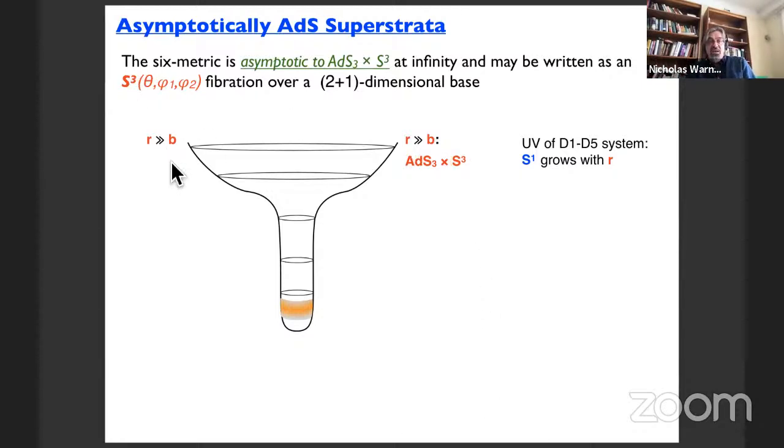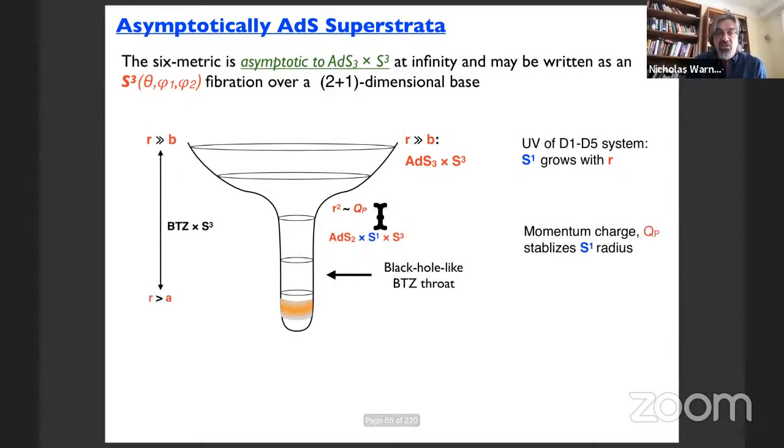It's this fiber. And the really interesting stuff is in the 2+1 dimensions. And there is a scale, B. And if R is very much bigger than B, then it looks like AdS3 asymptotically. And the thing to keep your eye on is the S1. At R bigger than B, the S1 is growing in size with R. So the circumference is 2 pi R.